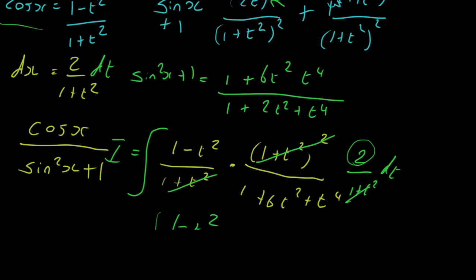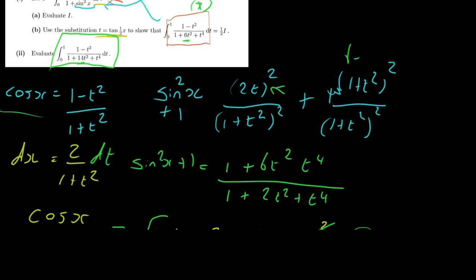What made the 6 so special? Well, the 6 came from the fact that we had our 2 there, and we were squaring that, and then we were adding 1. So this was just sine squared plus 1, and that's why there's a 6, because when you square, it's a 4 plus the 2.